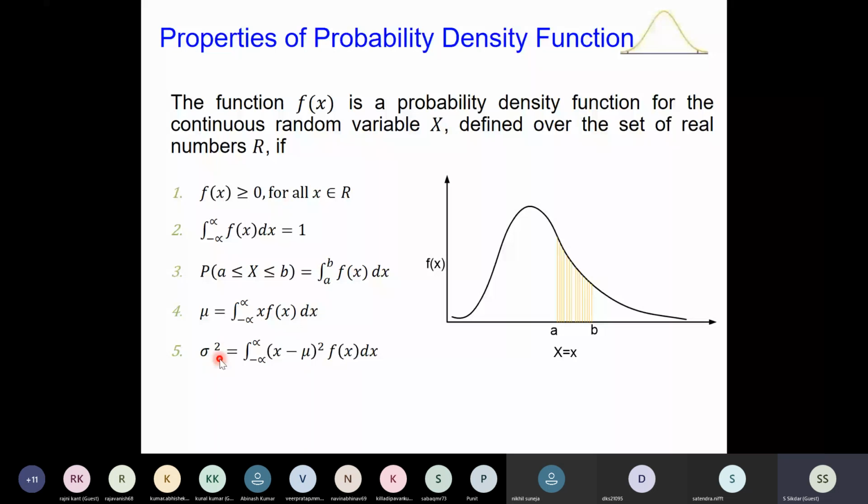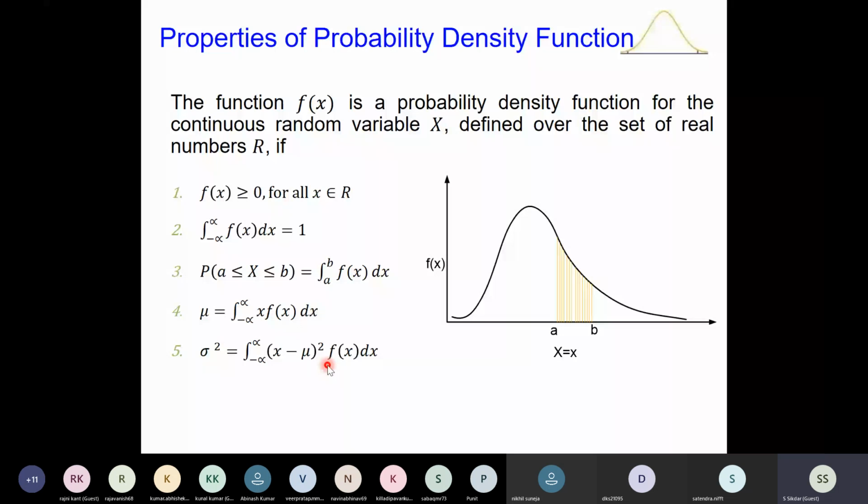There are a lot of derivations. If you wish, you can derive them, but I don't want you to go into that kind of difficulty.